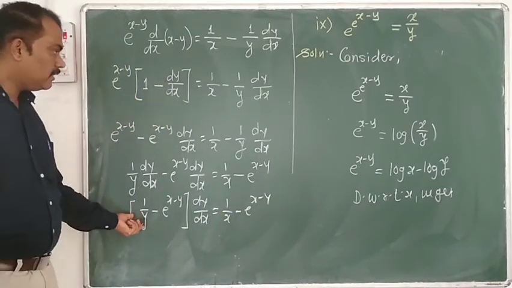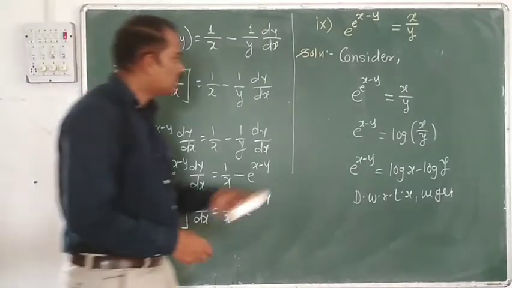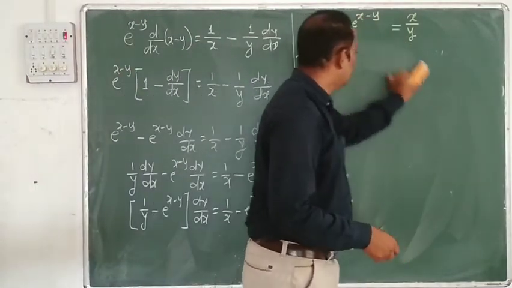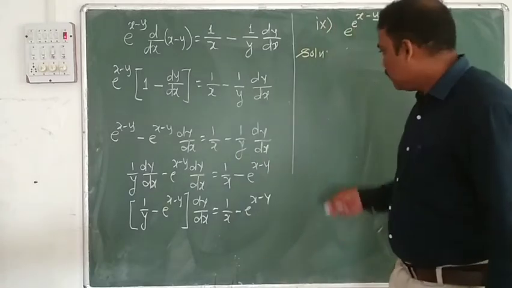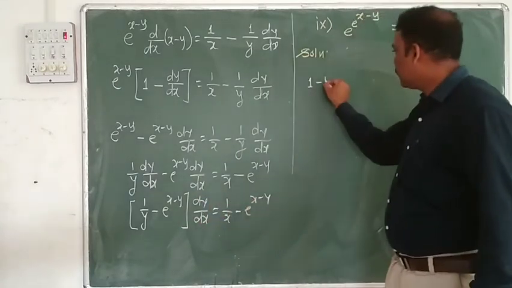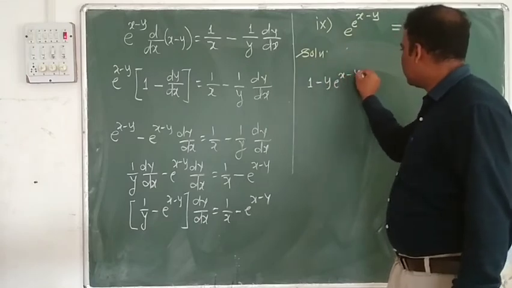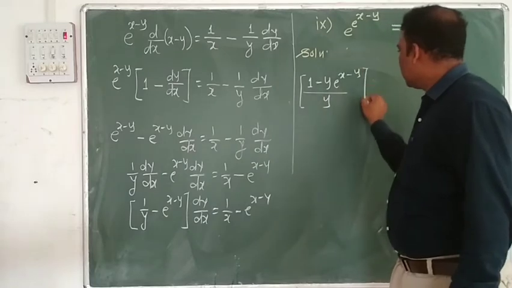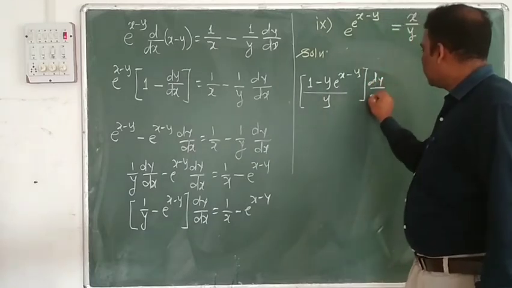Now we have to make the denominator equal, so that we can write 1 minus y into e raised to x minus y divided by y, dy by dx.